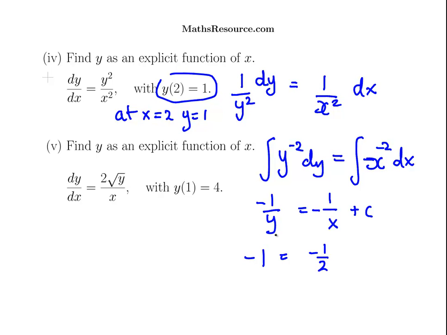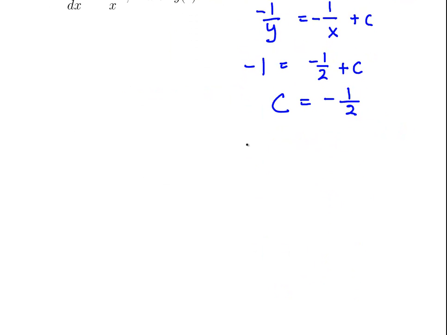Minus 1 over 1 is just minus 1, equals minus a half plus c. Necessarily, c is equal to minus a half. Okay, and so therefore what we have here is minus 1 over y equals minus 1 over x minus a half.